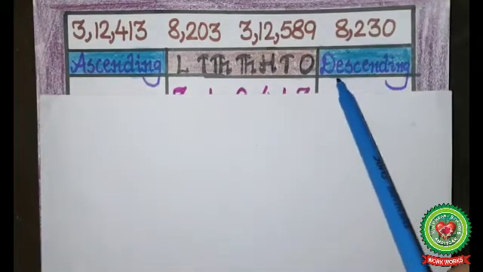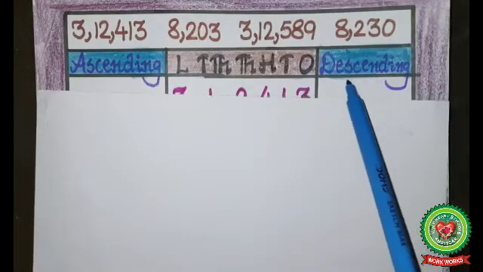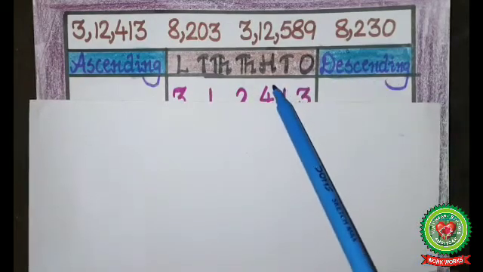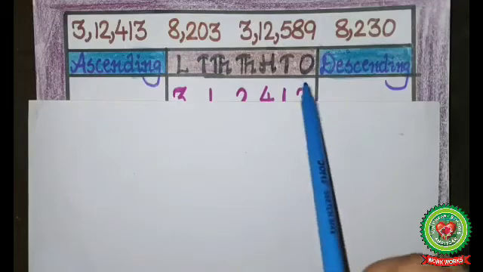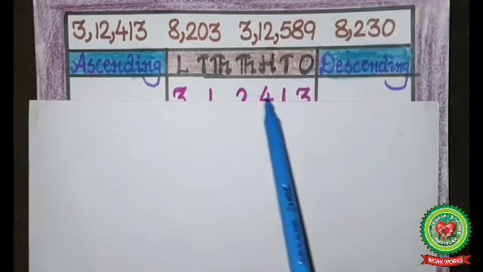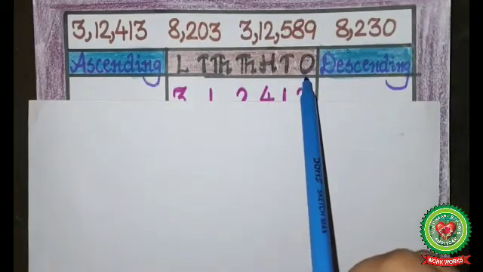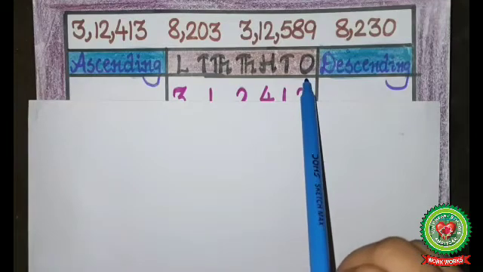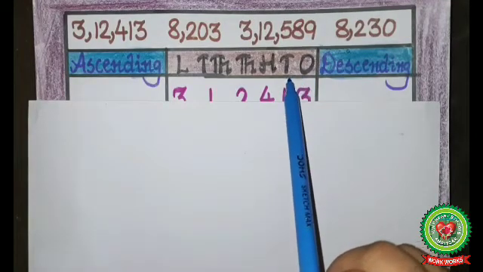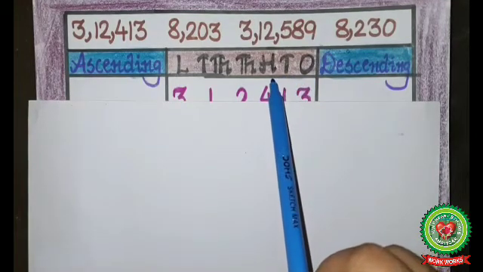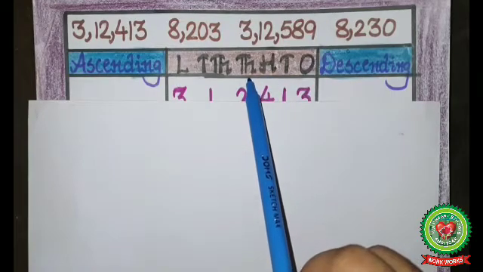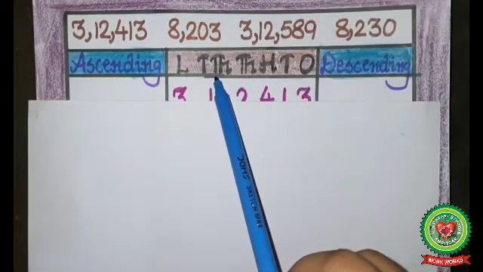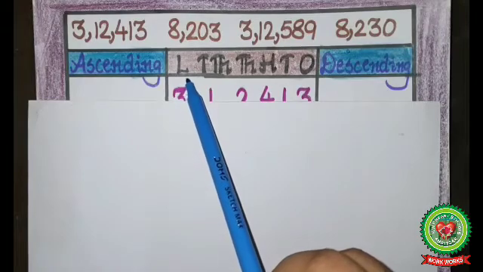In the last column or third column, we will write down descending. And in center, we will write down the place value table. Now, let's write down the place value table. Ones, tens, hundreds, thousands, 10,000s and lakhs.